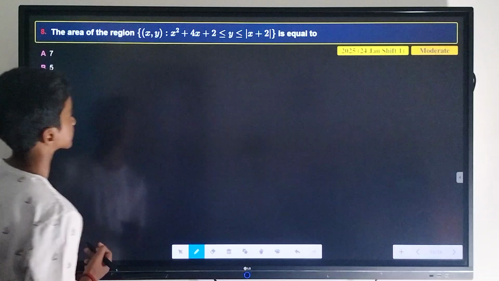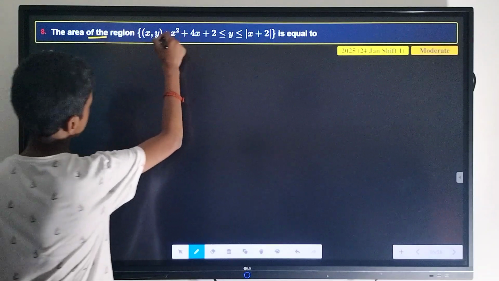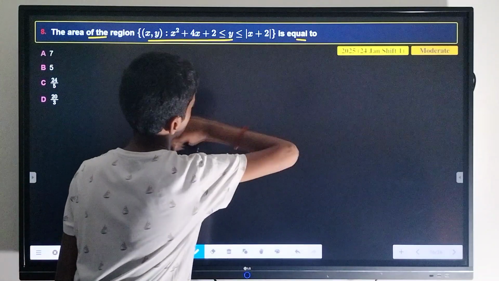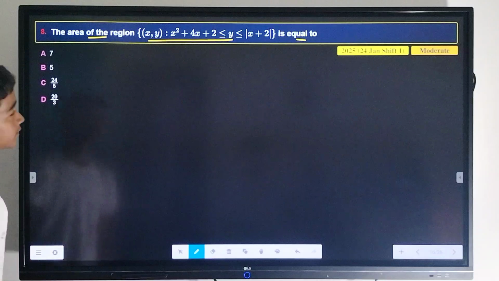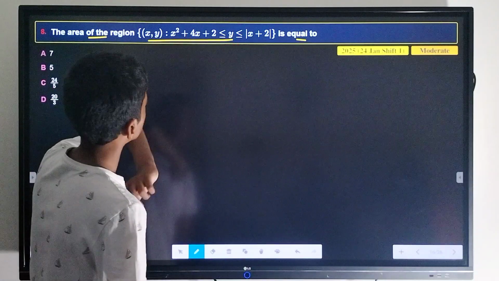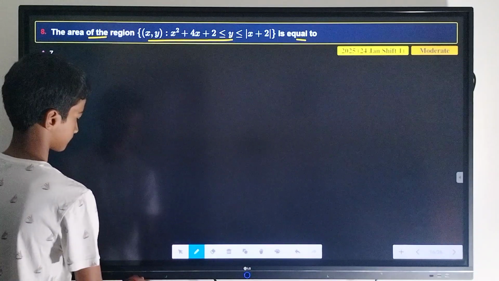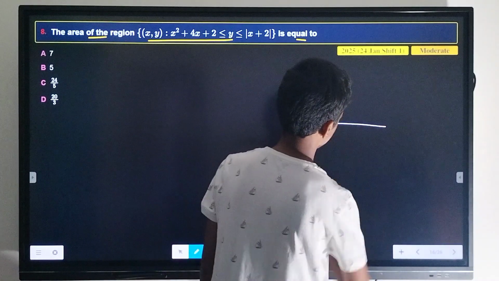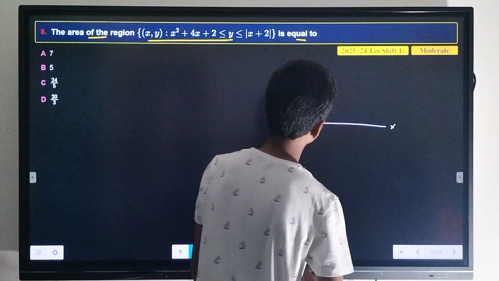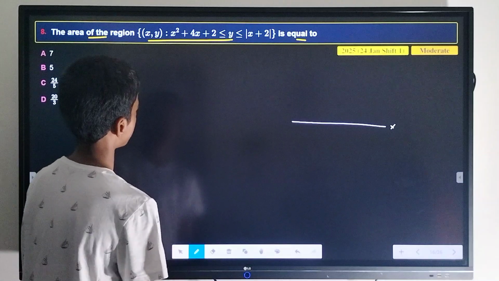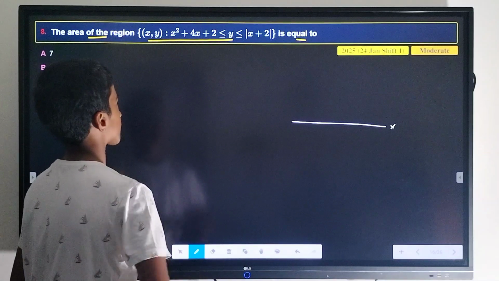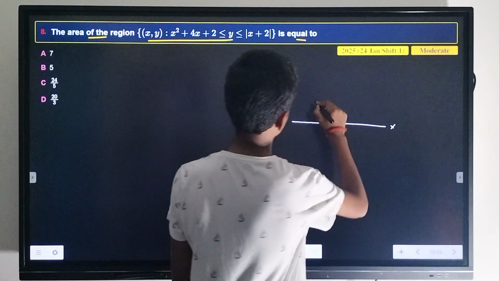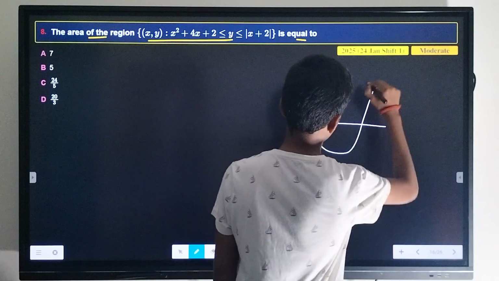Our question says the area of this region is equal to. So we need to calculate the area between these two curves. Here we will only plot the x-axis, we will not plot our y-axis. So x square plus 4x plus 2 will be a curved parabola.